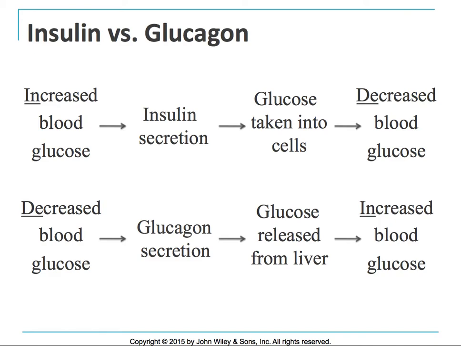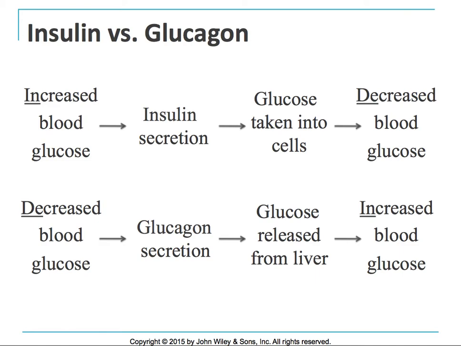You're not going to have to write all of this out, but you should understand that when your blood glucose is elevated, insulin is secreted. The extra glucose in your blood is taken up into cells, leading to a decrease in your blood glucose.